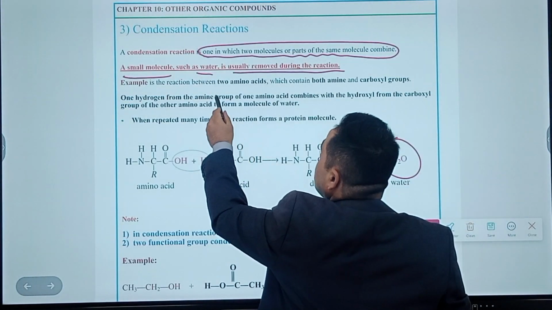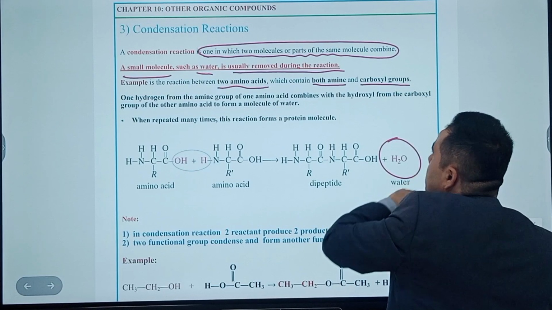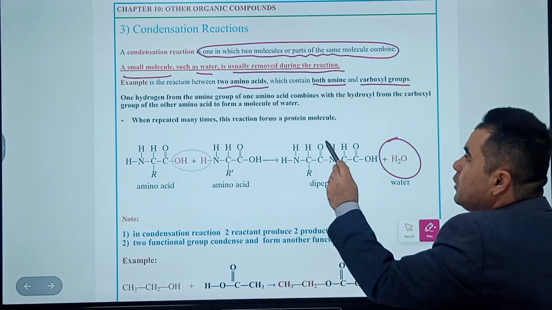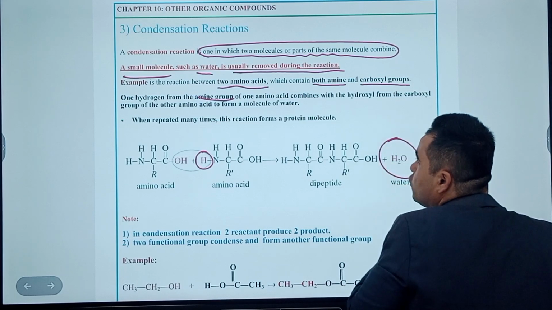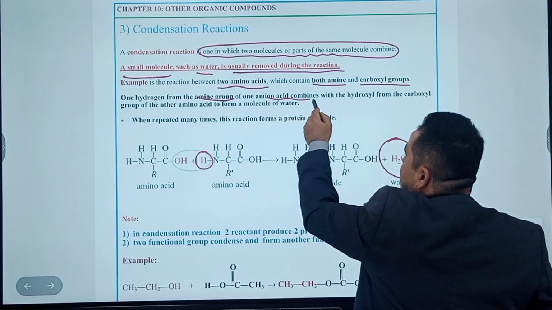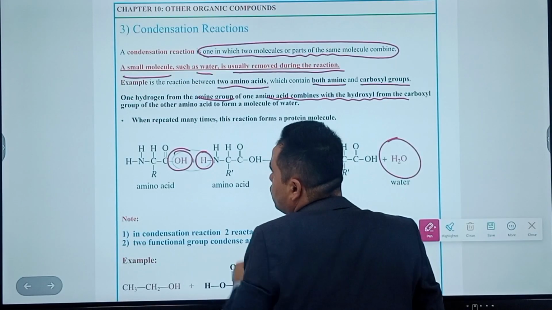An example here: we have two amino acids which contain both amine and carboxyl groups. One hydrogen from the amine group of one amino acid combines with the hydroxyl from the carboxyl group.